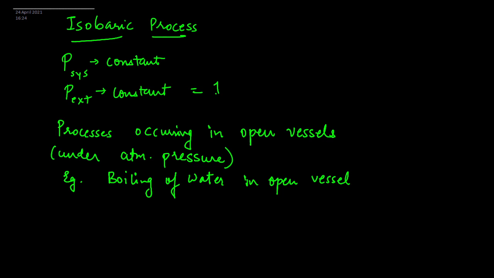It will be constant 1 atm. સમજાણું કે નહીં? ઓકે, so this is an example. Remember, એવું કંઈ compulsory નથી કે 1 atm જ હોવું જોઈએ કે atmospheric pressure જ હોવું જોઈએ. I am just giving you an example. I am just telling you what are typical processes that are isobaric. Again, processes that occur in open vessels are going to be isobaric. Okay, most of the times. સમજ પડે છે?